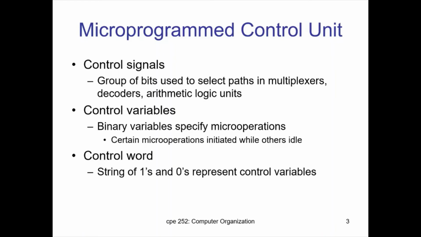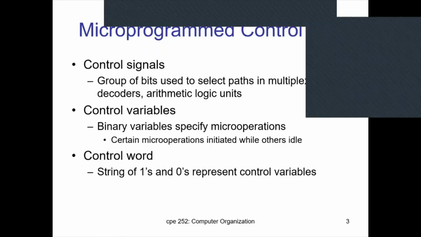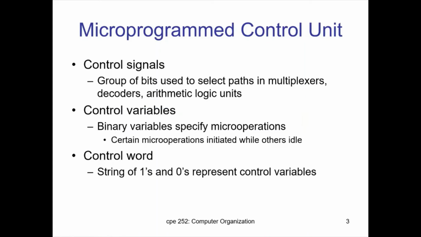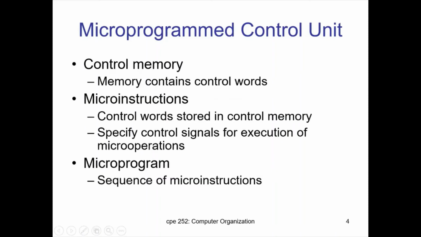The string of ones and zeros is widely used to control the variables. Zero is the off state and one is the on state, right? So this is the major idea behind how data processing is executed in a microprogram control unit: control signal, control variable, control word. These are the three major parts.